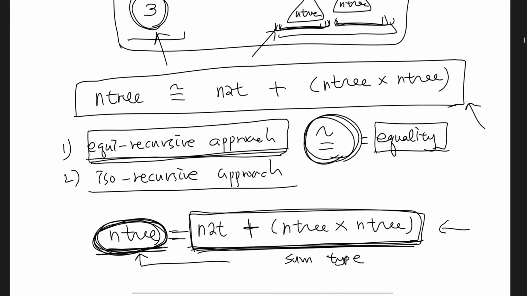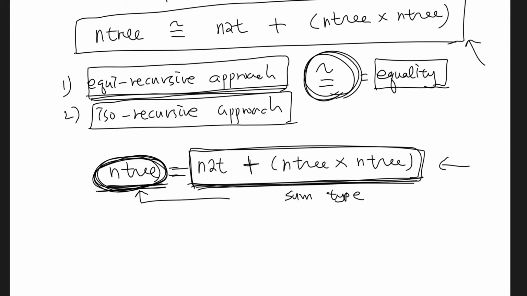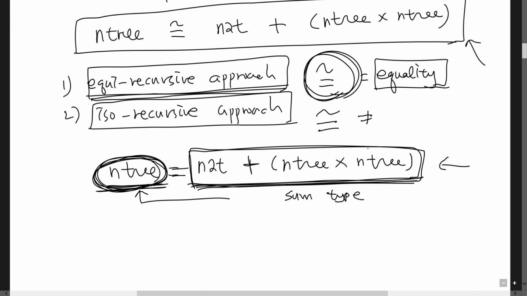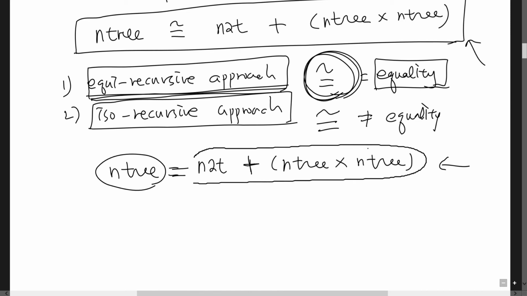And now let's talk about the iso-recursive approach. In the case of the iso-recursive approach, this symbol is not equality, but this recursive type allows us to almost equate, not completely, almost equate this type and this type because the type system provides these conversion functions.